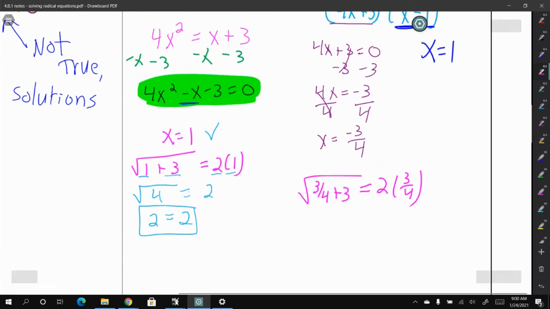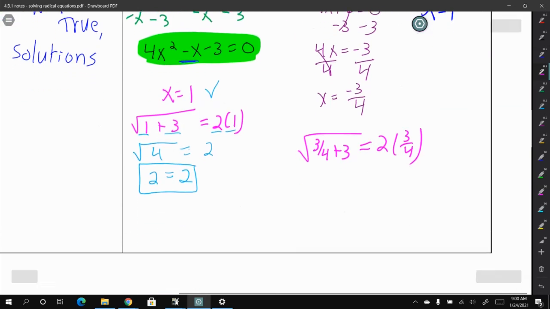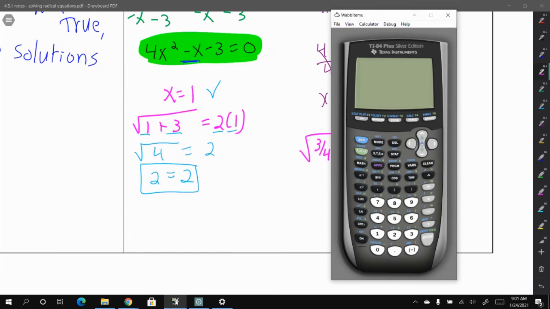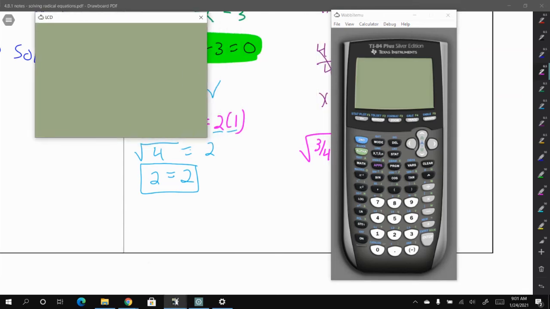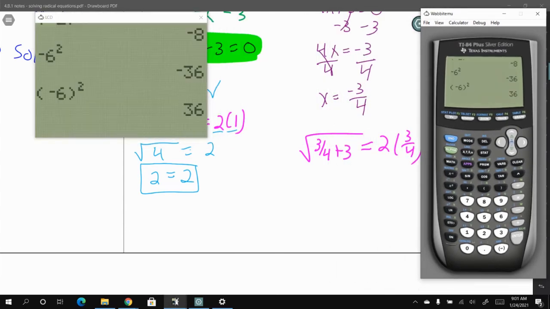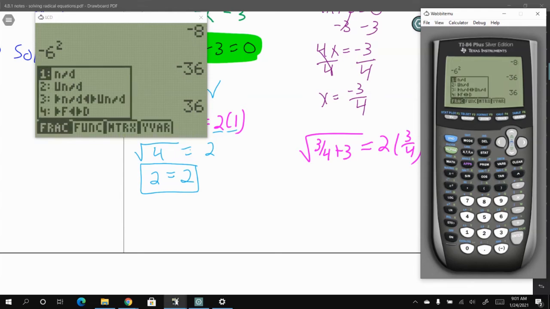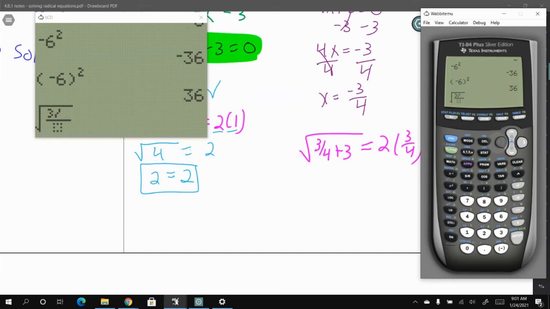So what you can do is get out your calculator. And when we get out our calculator, I'm going to type in the square root of negative 3/4 plus 3.